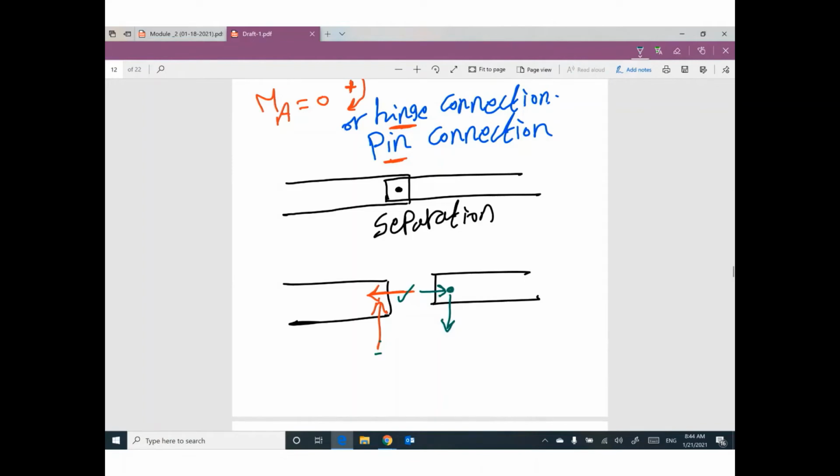So if this one is 5, this one will be 5 also, but in opposite direction. If this one is 10, this one will be 10 also, but in opposite direction. Do you remember that? If you have pin or hinge connection, I can do separation and I can put two reactions on one side. They will be the same on the other side, but in opposite direction. I covered this last meeting, I believe.